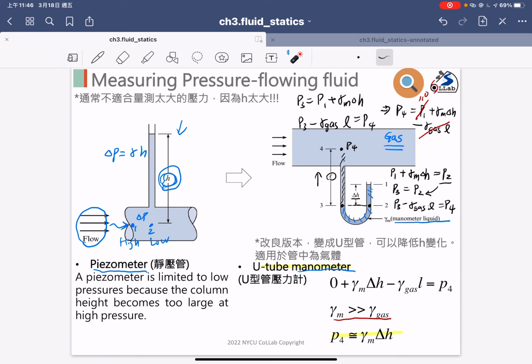The deflection height is only the delta H, a smaller H. So the right hand side, the U tube shape, is better than the left hand side. Okay, so this is the idea.